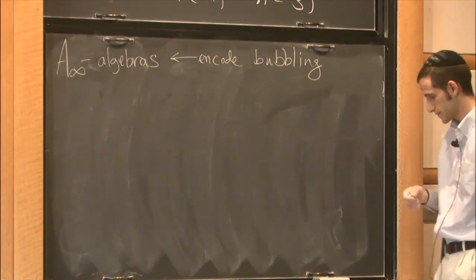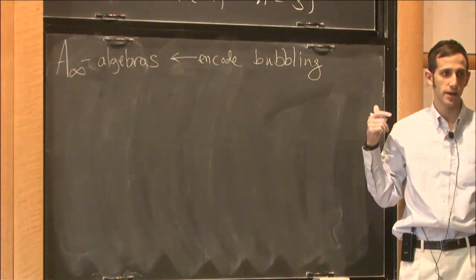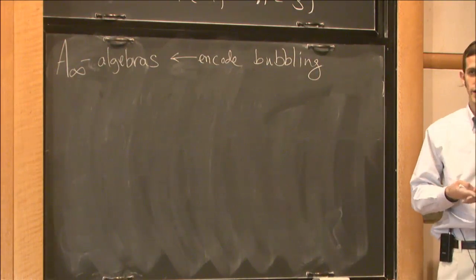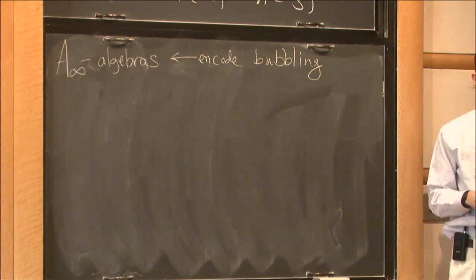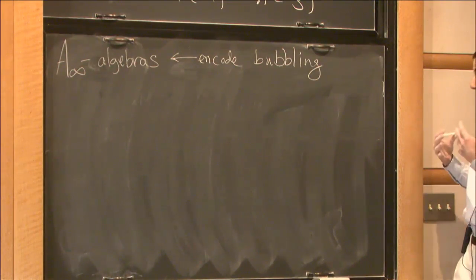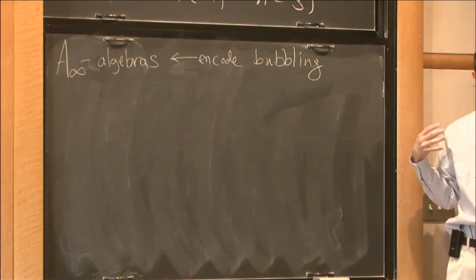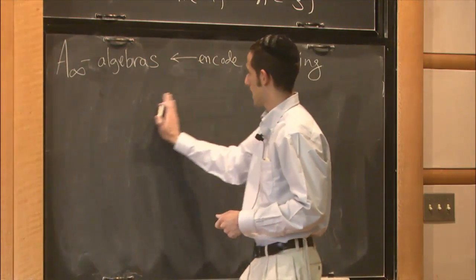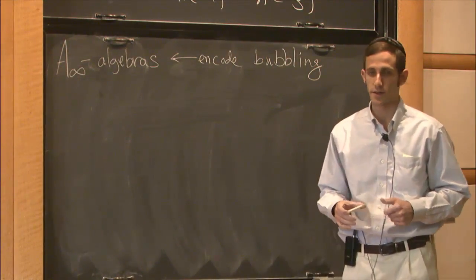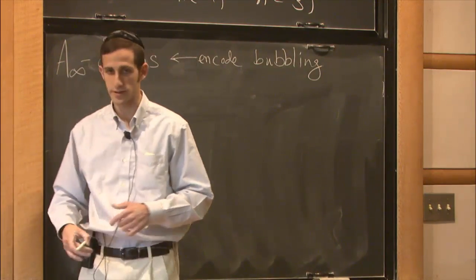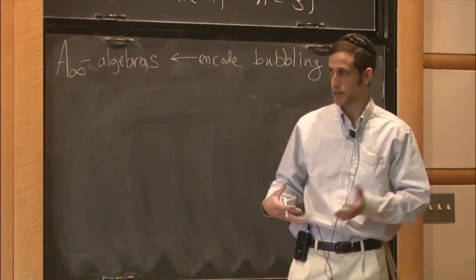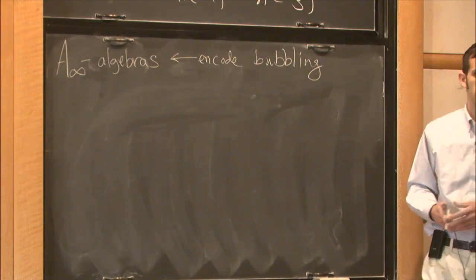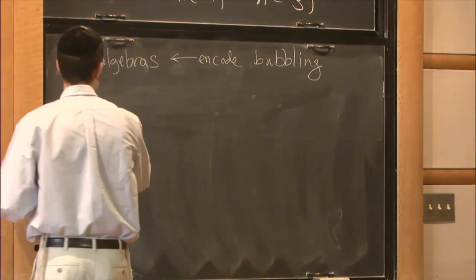In much of the literature this becomes rather technical, and I just want to, in a few minutes, try to convince people that this can be done, at least in some settings, with very little technicality and in a transparent way, using differential forms. The next time I'm going to talk more about how you start from an A-infinity algebra and then go to a number or a series of numbers.